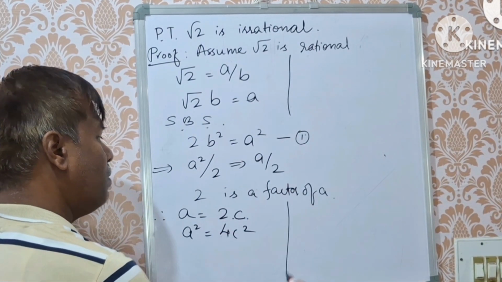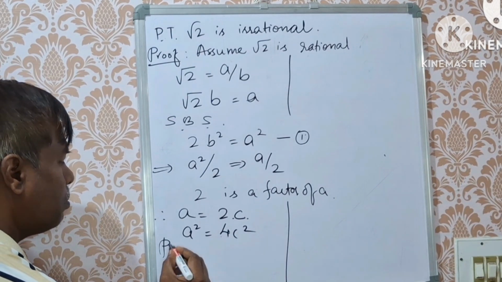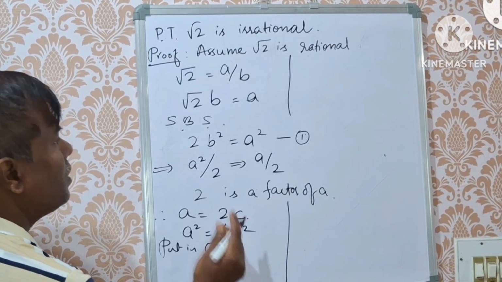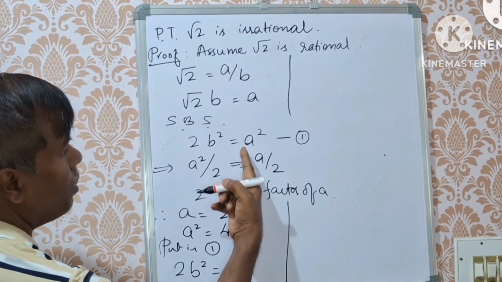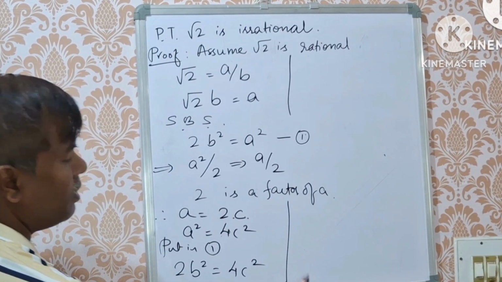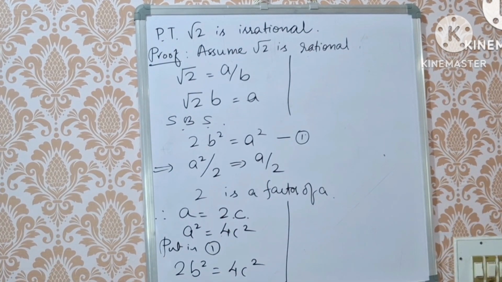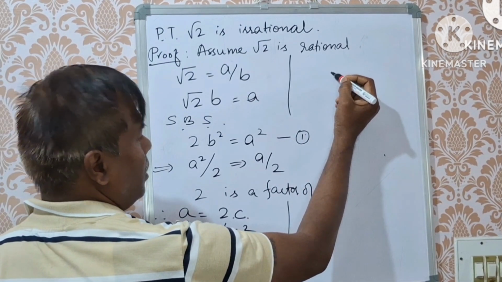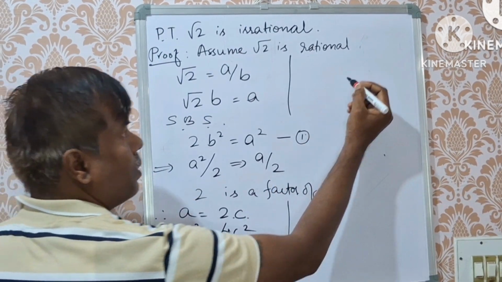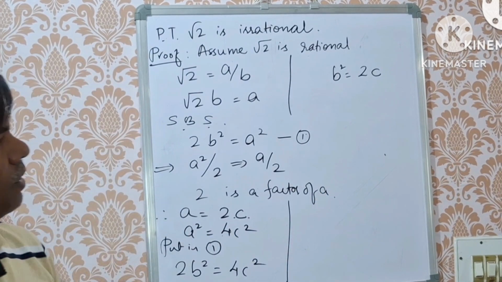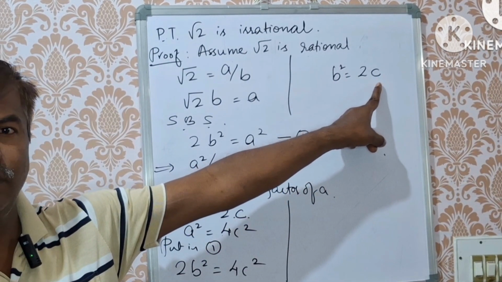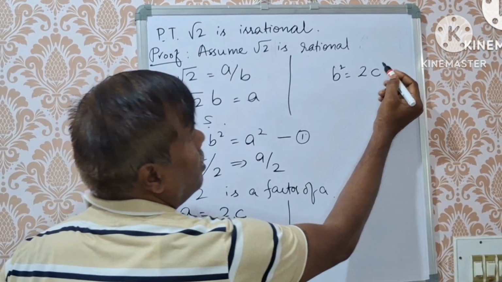Then this equation becomes 2b square equals 4c square. That means b square equals 2c square.